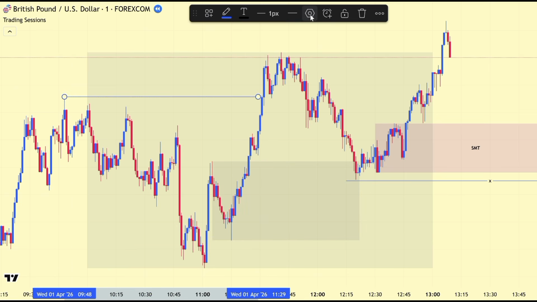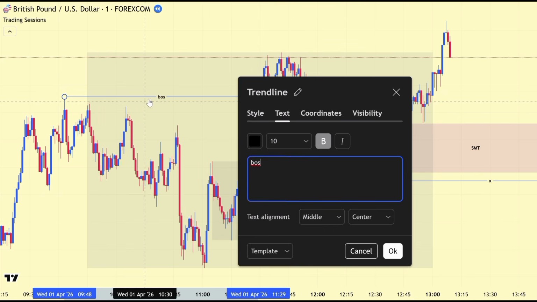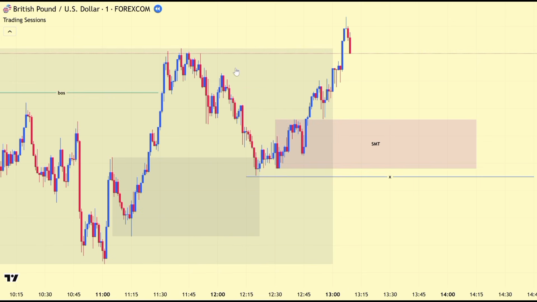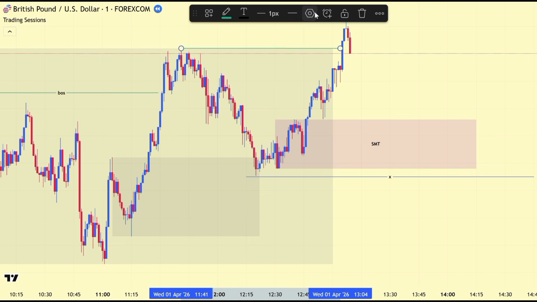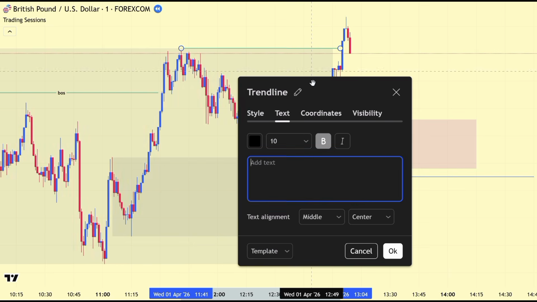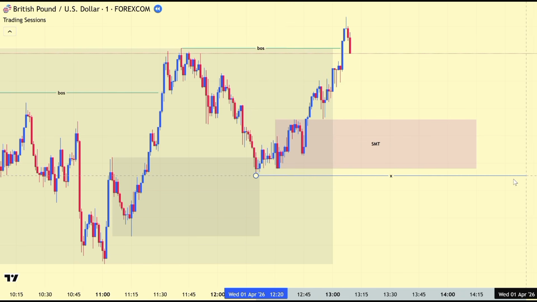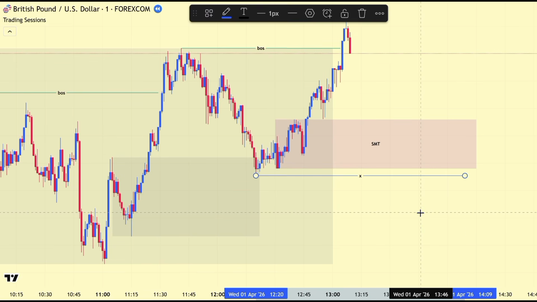This here is actually the break of structure, of course, the one on the 1-minute. And after that, you can clearly see price created another valid break of structure exactly right there. And now this here is actually the inducement, of course, on the 15-minute.